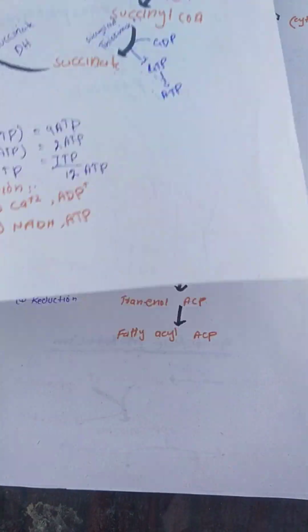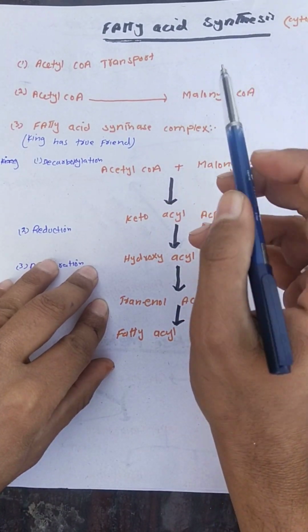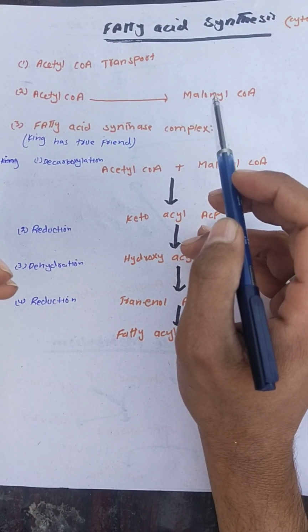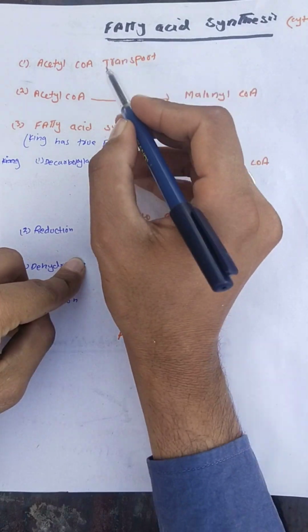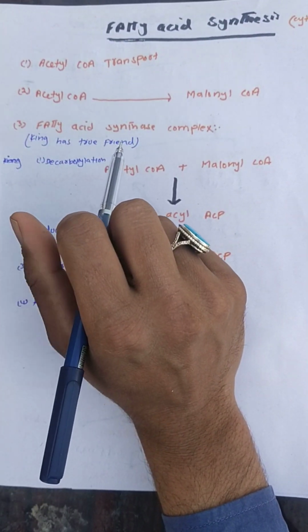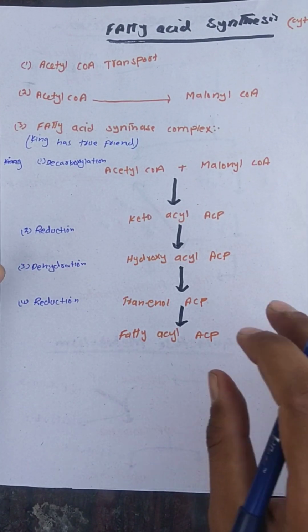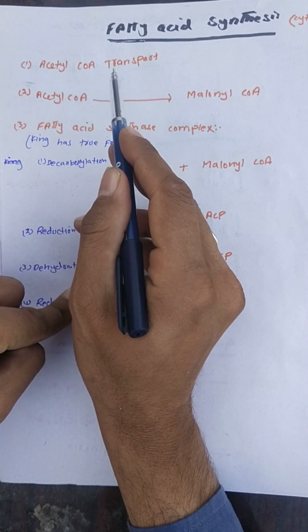So we are going to study this. First we should know that fatty acids are synthesized from acetyl CoA. How are we going to see this? If we want to synthesize fatty acid from acetyl CoA, the first thing is that acetyl CoA should be transported.